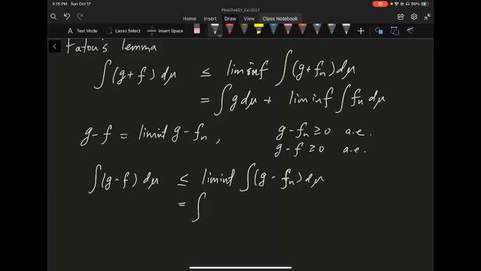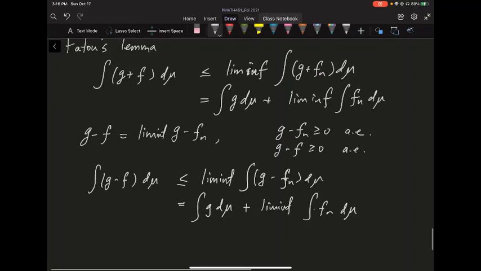Pull out the g, and this is the lim inf of the integral of negative Fn d mu.